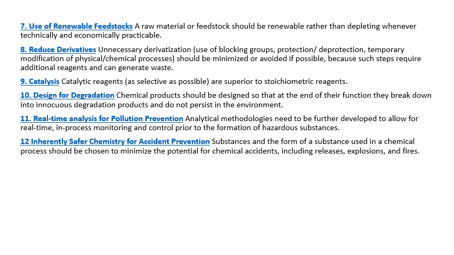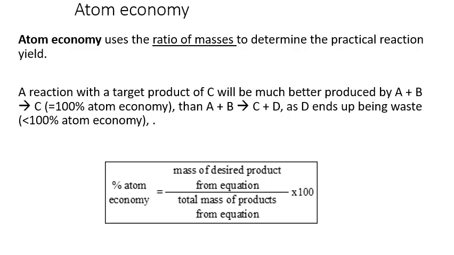Using catalysis, hopefully green catalysis. Design for degradation, real-time analysis for pollution prevention, and using inherently safer chemistry for accident prevention. And that's just reiterating the idea of atom economy. So it's basically the ratio of masses to determine the practical reaction yield.